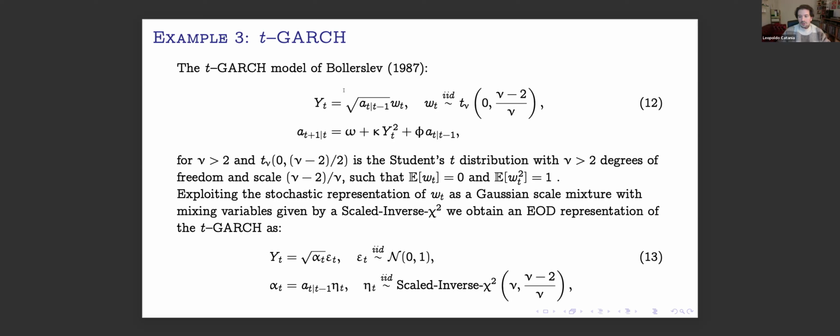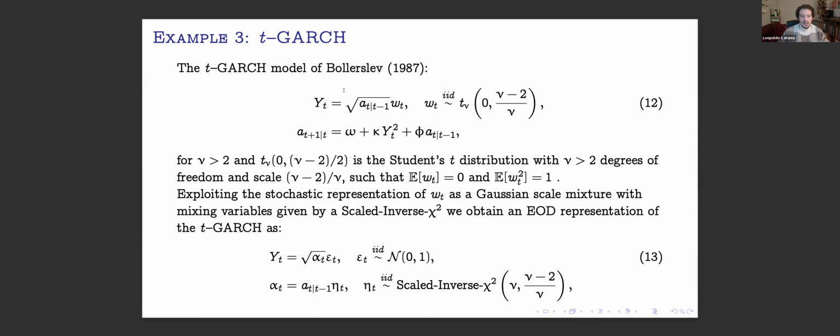And then we can obtain a possible extended observation-driven representation of the model. This is one of many, of course. So when we go from an observation-driven model to an extended observation-driven model, the map is not unique, so we can find many.